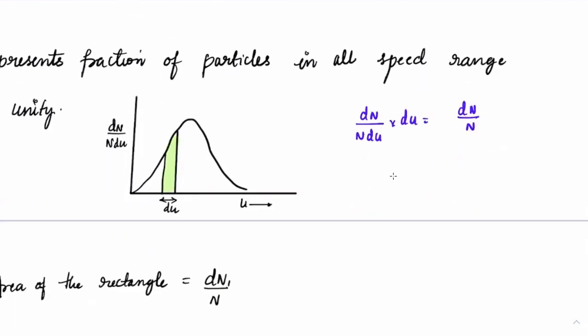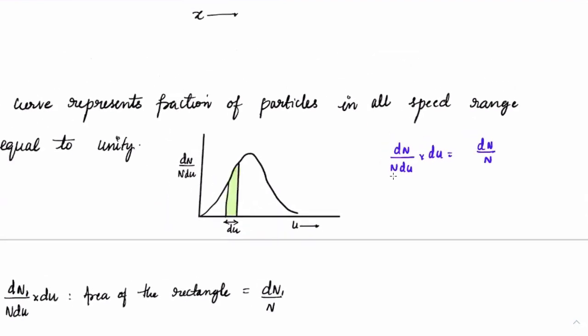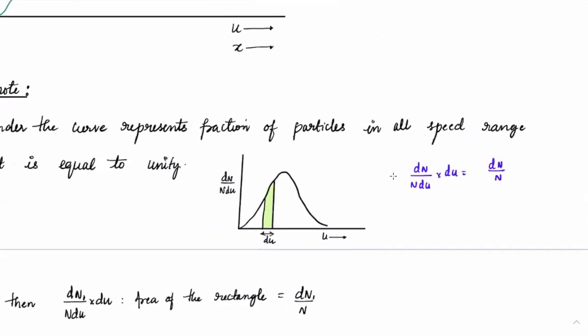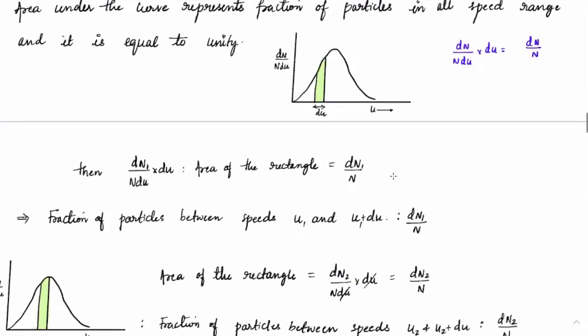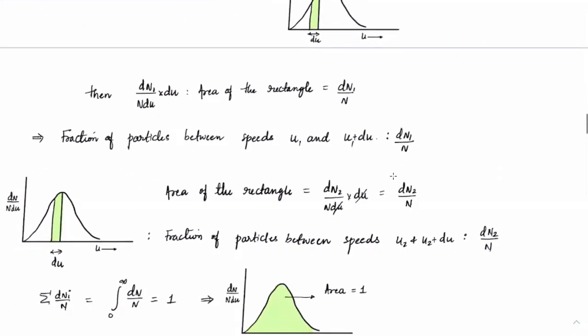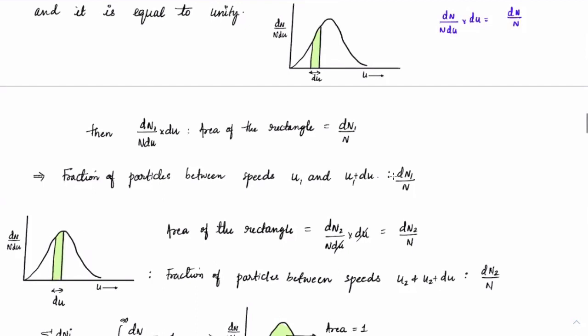Like these small fractions, if I add everything, what should I get? I should get the complete area under the curve. And how much will that be? That should be equal to 1. Let me show you that. The area of this particular rectangle will be dn by n; we just proved that.